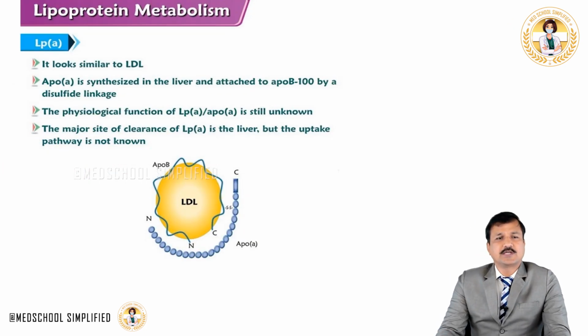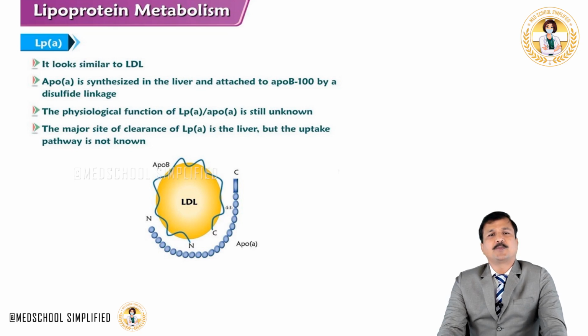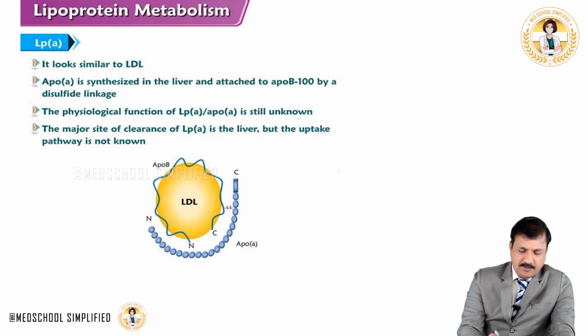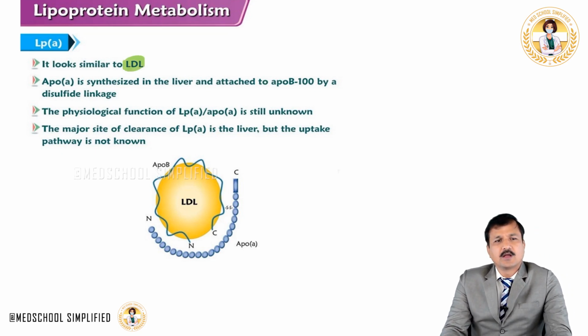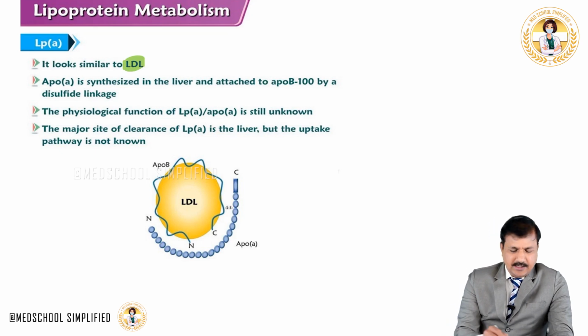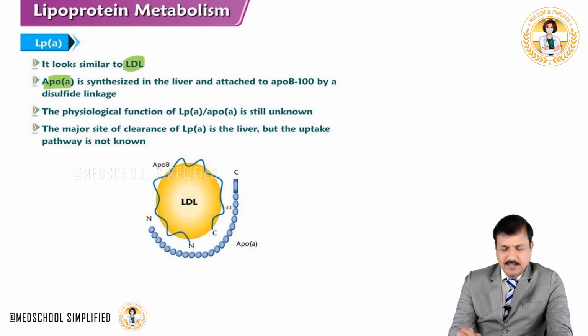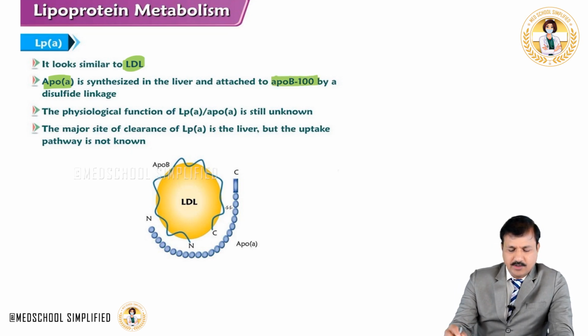Now let's move on to a special lipoprotein called lipoprotein a, or simply LPA. Structurally it is similar to LDL. Apo-A is an apolipoprotein synthesized in the liver, and it is attached to ApoB100 by a single disulfide linkage.